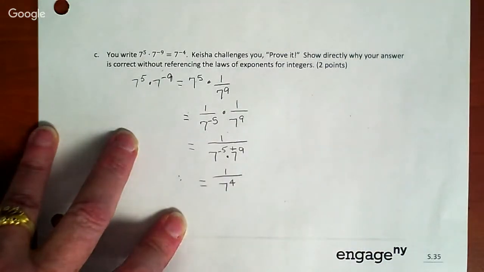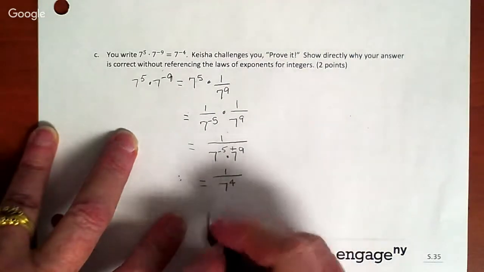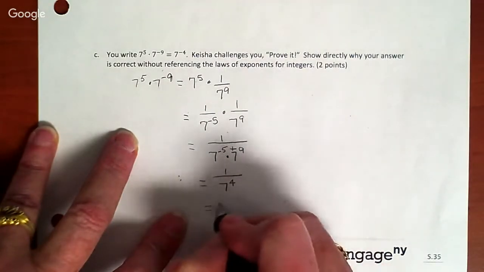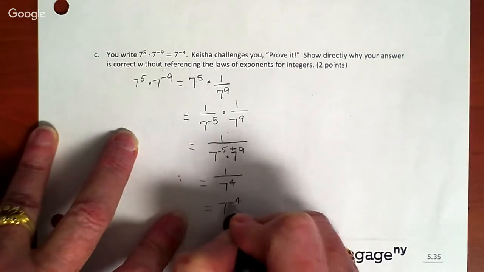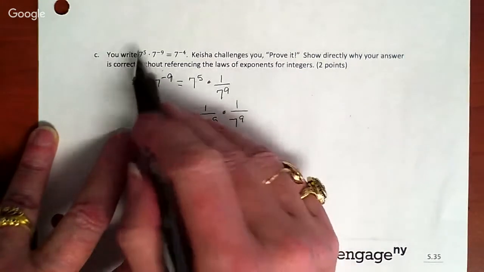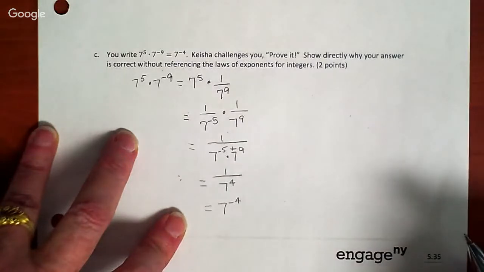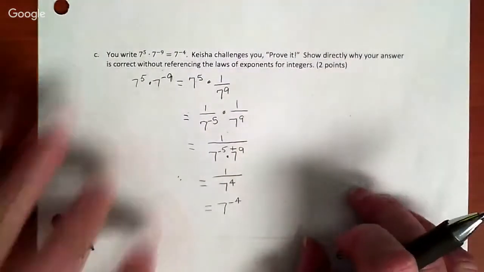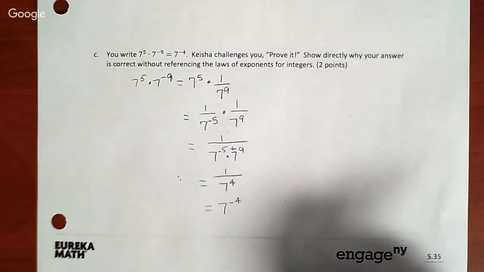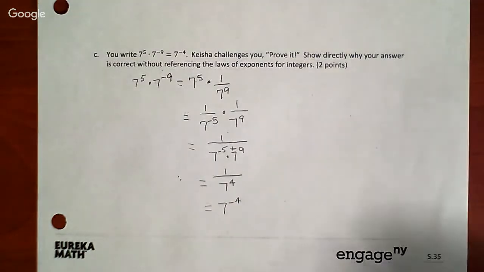Well, remember, because of our rules, I can then write that as 7 to the negative 4th power. And I just proved that 7 to the 5th times 7 to the negative 9th equals 7 to the negative 4th. That, ladies and gentlemen, concludes our review of the end of the module assessment.